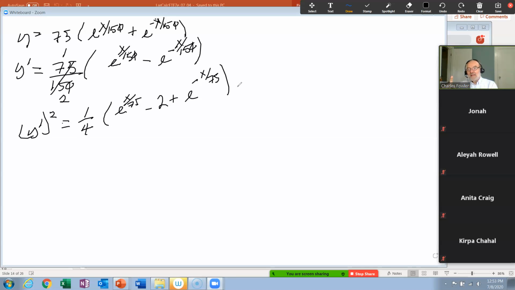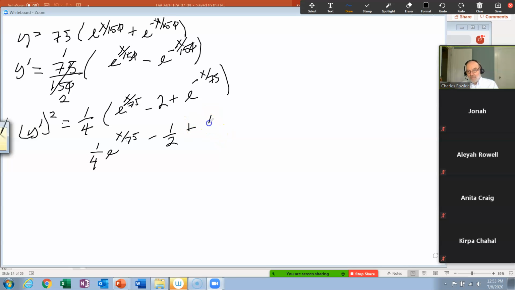Now what are we going to do with that? We're going to add 1 to it. Before I add the 1, I'm going to do something very similar to a couple problems ago. This will be 1/4 e to the x over 75, minus 1/2. 1/4 times -2 is minus 1/2.